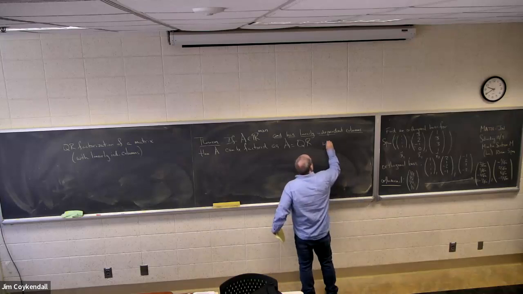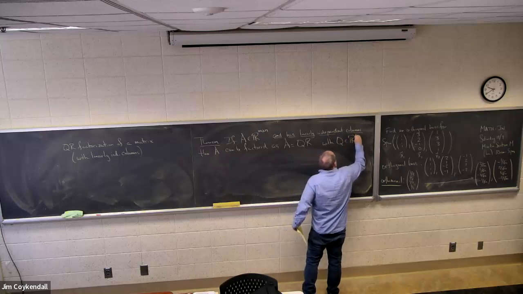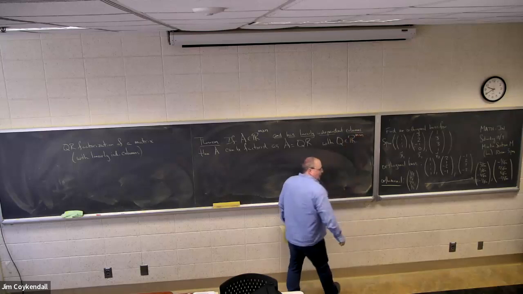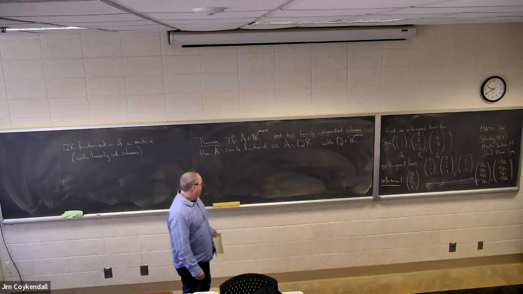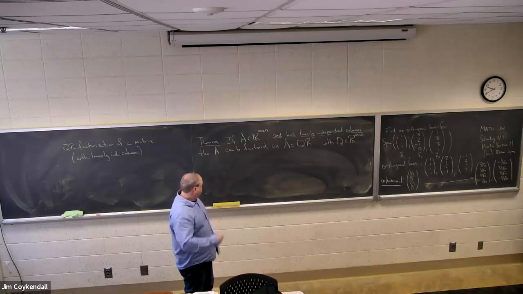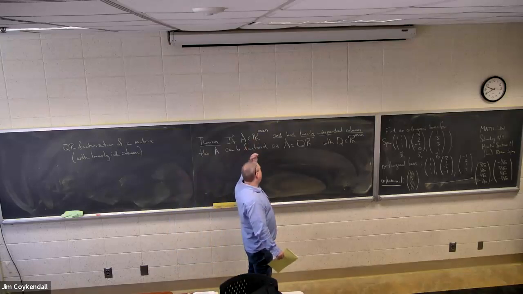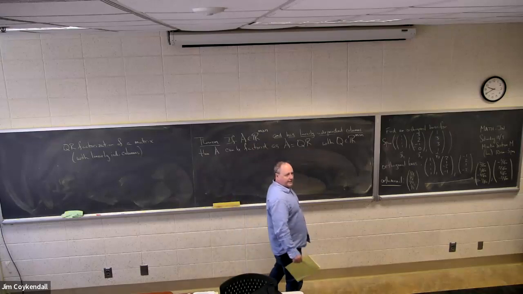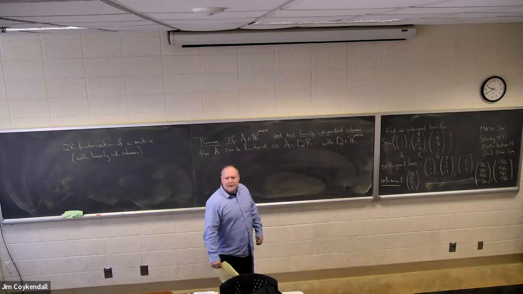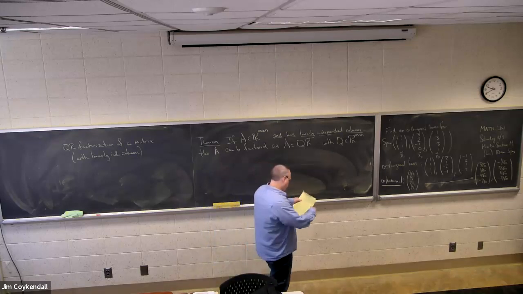So Q is the same size matrix as your original matrix A. Can somebody tell me what size that forces R to be? It has to be n by n. So R is going to be a square matrix.